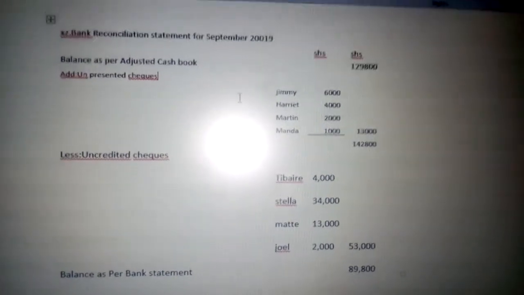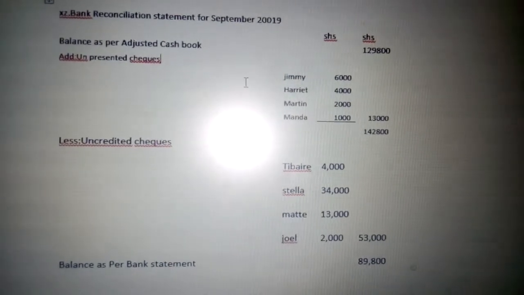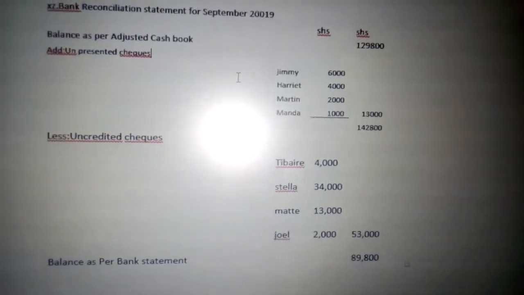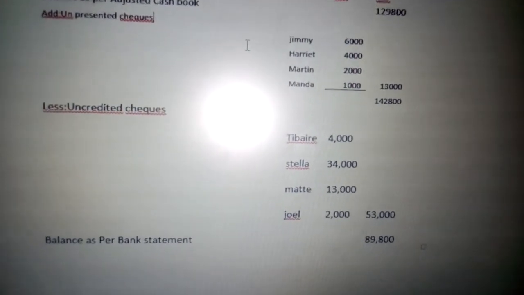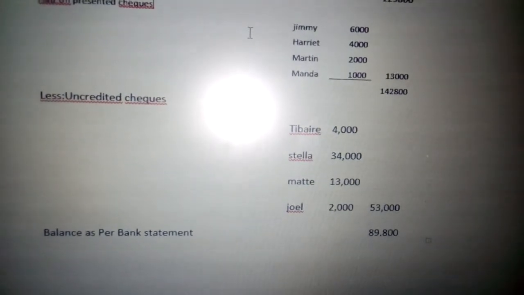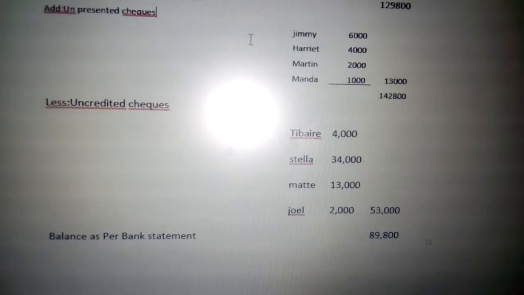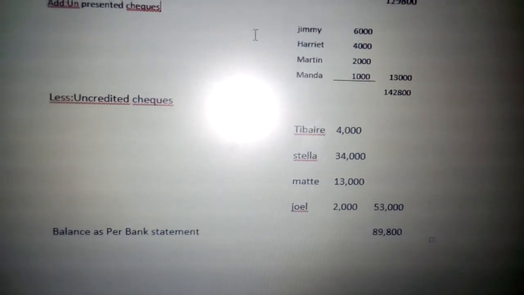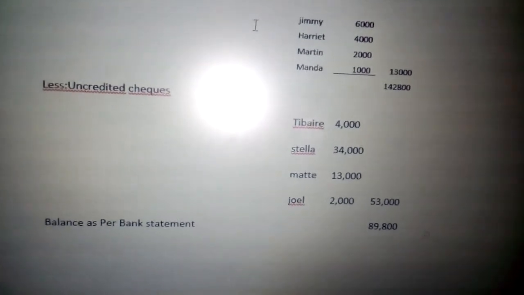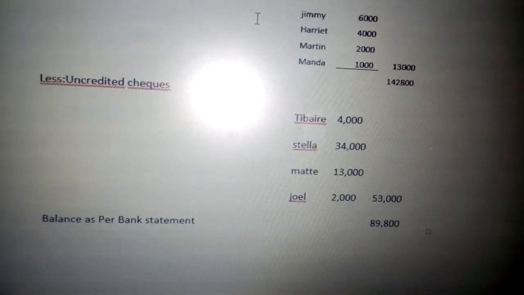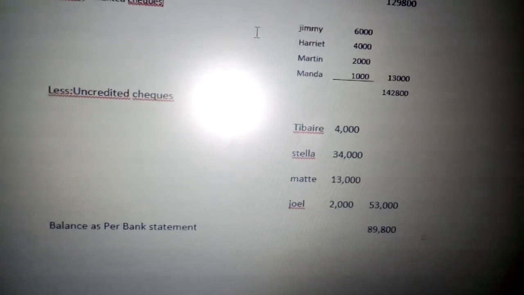Yes, these are the checks in the cash book that have been recorded on the debit side, or as received, but they don't reflect on the credit side of the banker statement. In other words, they are like deposits in transit.